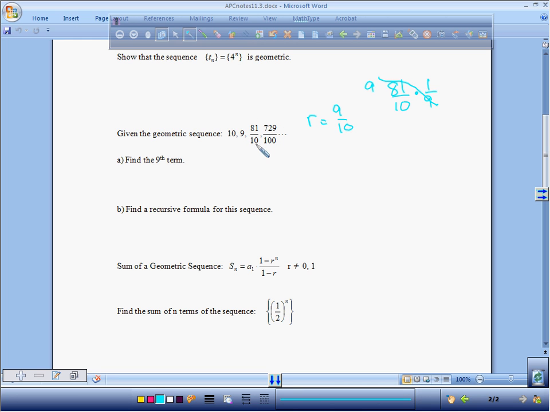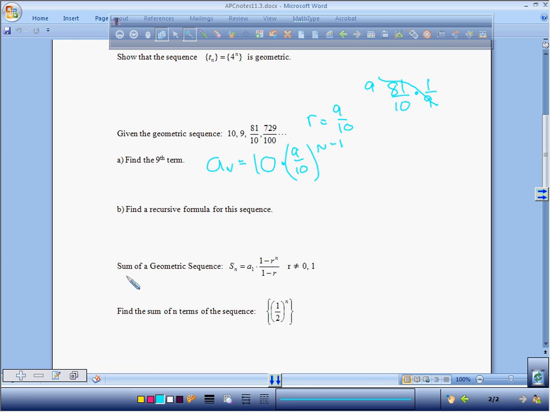And if I did this divided by this, I also get 9 over 10. So r is 9 over 10. So I know that a sub n is equal to a sub 1. What's a sub 1 in this case? 10 times the common ratio, which is 9 over 10, raised to the n minus 1 power. So that's the formula for this sequence.